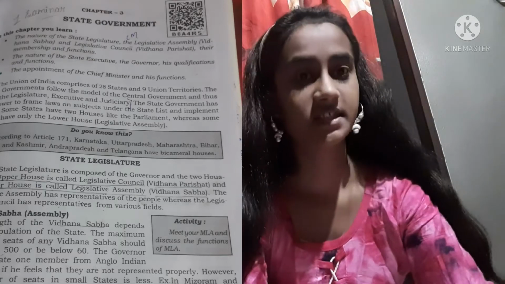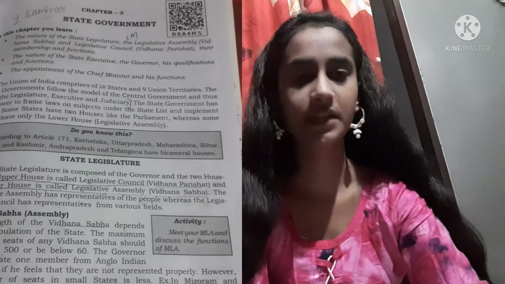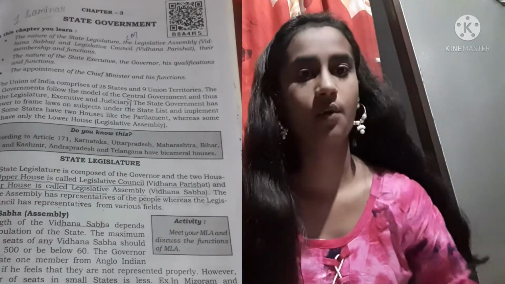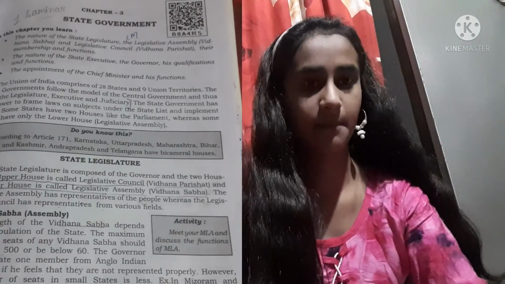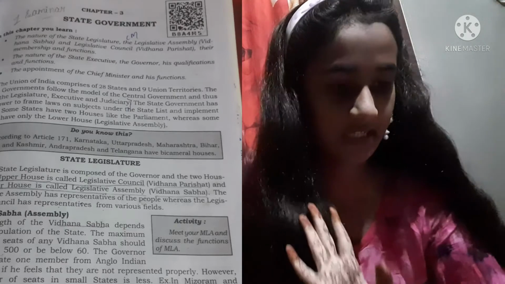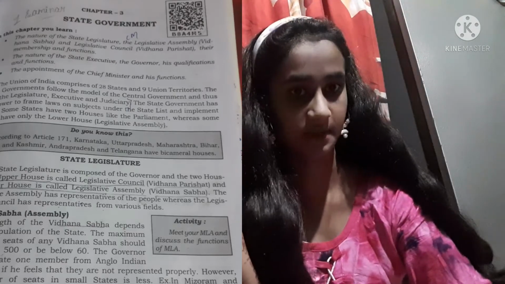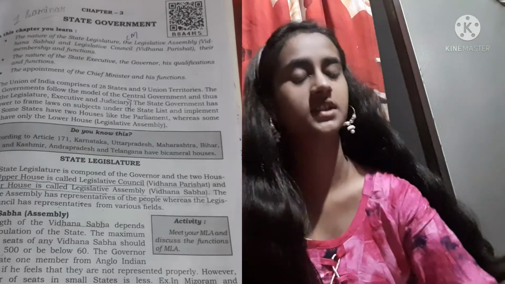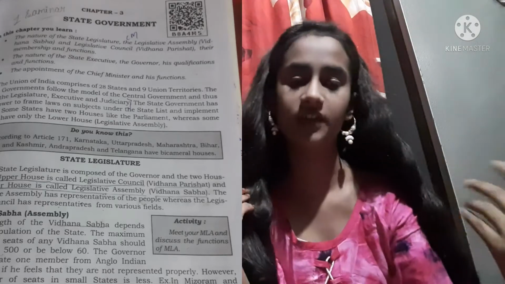So today we are going to study chapter number 3 of political science, State Government. In this chapter we are discussing the nature of the state legislature, the Legislative Assembly (Vidhana Sabha) and the Legislative Council (Vidhana Parishad), and their membership and functions.